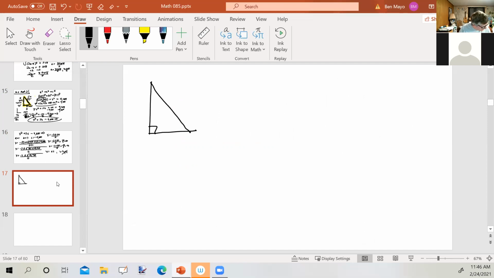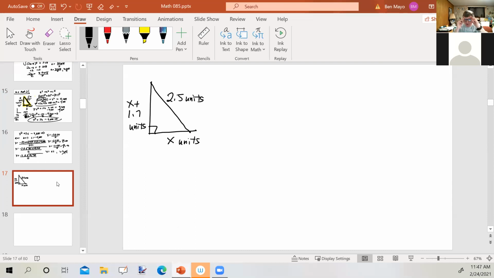It says the hypotenuse of a right triangle is 2.5 units long. The longer leg is 1.7 units longer than the shorter leg. So if the shorter leg is x, the longer leg is x plus 1.7 units.